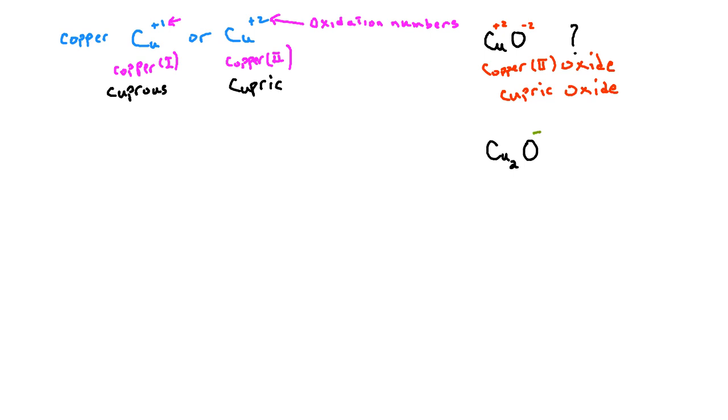That means copper must be +1 because 2 times 1 cancels that out. So Cu2O is copper(I), I'm sorry, this is copper(I) oxide because that's a +1.